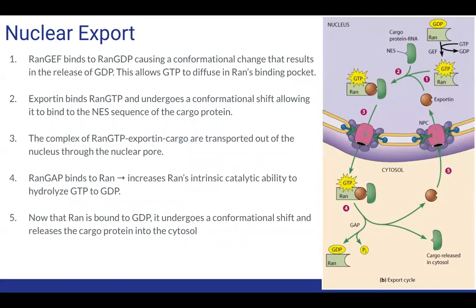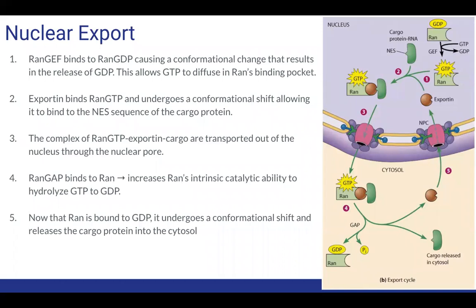And now on nuclear export, it's very similar. We're starting in the nucleus with exportin and a cargo protein. When those have to leave the nucleus, RAN is going to go through the same process with RAN-GEF, allowing for that exchange of GDP for GTP.